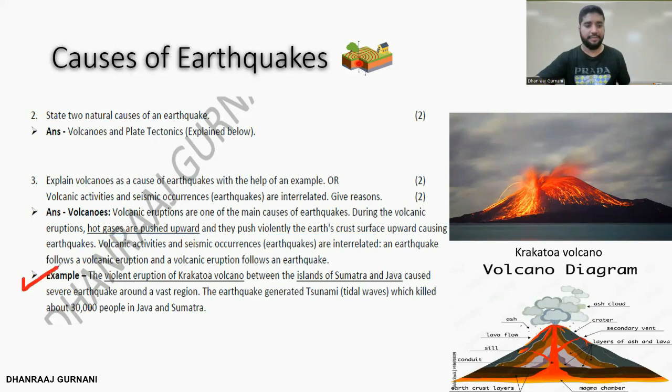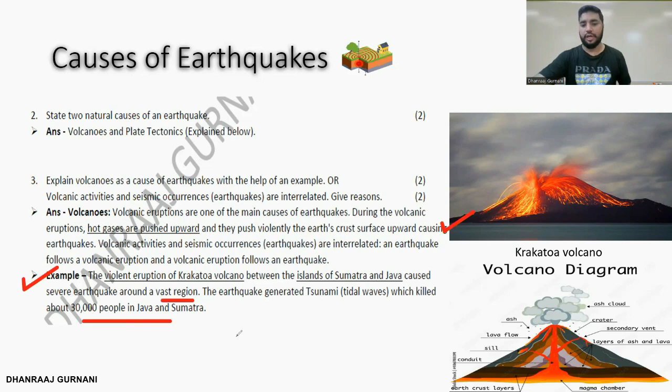Let's see an example. The violent eruption of the Krakatoa volcano, here is a photo of it, between the islands of Java and Sumatra caused severe earthquakes around a vast region. The earthquake generated a tsunami which killed about 30,000 people in Java and Sumatra.